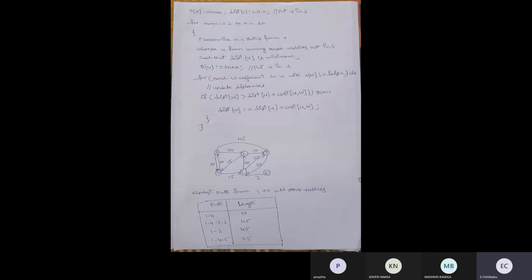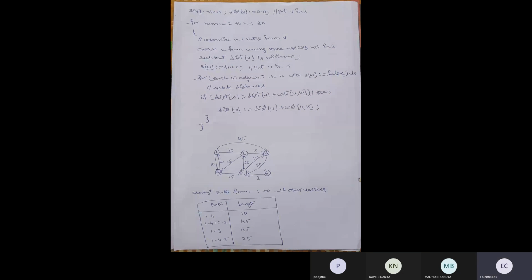Next, for number equal to 2 to n minus 1: choose u from among those vertices not in s such that distance of u is the minimum. s of u equal to true, put u in s. Next, take the for loop for each w adjacent to u with s of w equal to false.